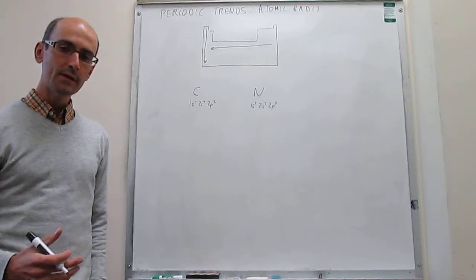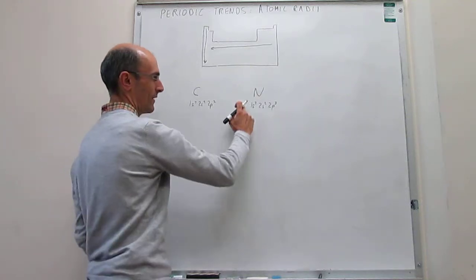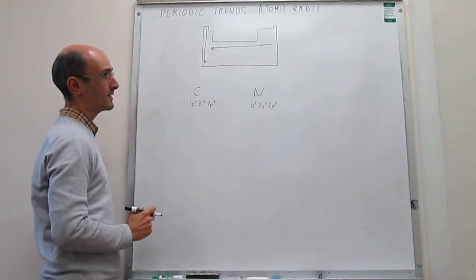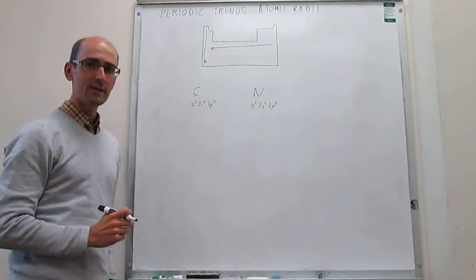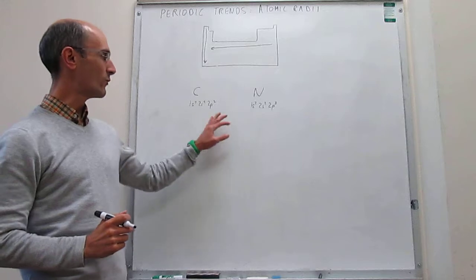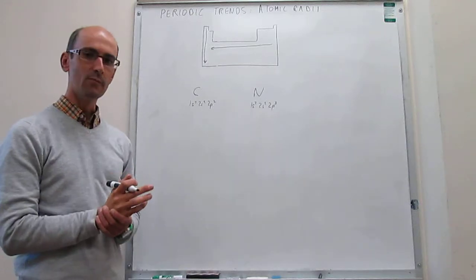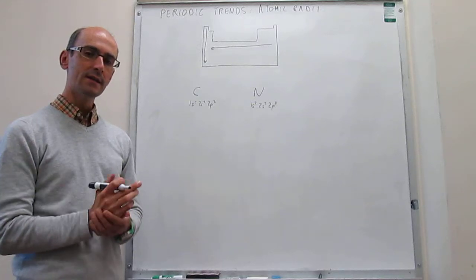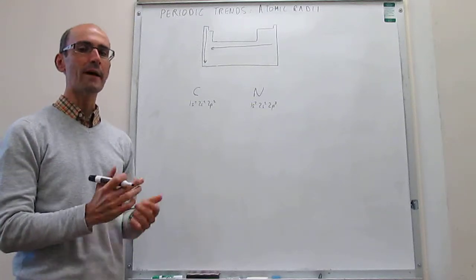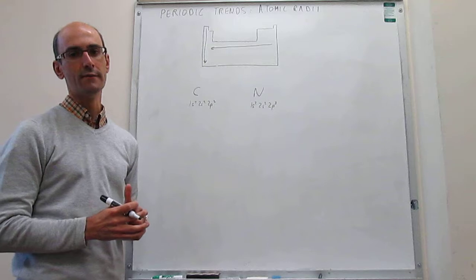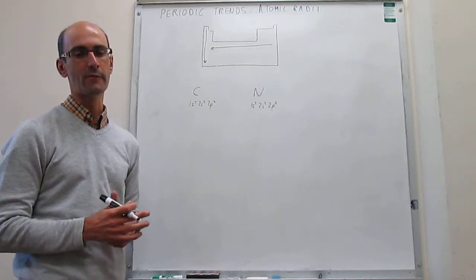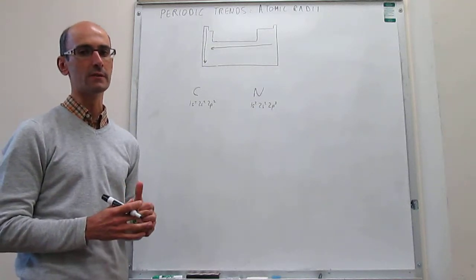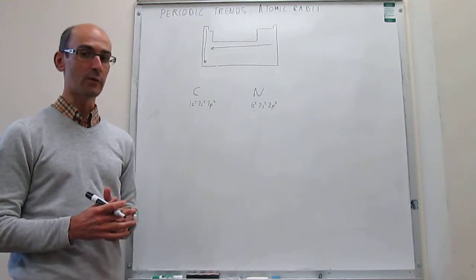And what we know is that the size of an atom of nitrogen is a little bit smaller than the size of an atom of carbon, even though it has more electrons. The reason for this trend has to be sought in a balance between the effective nuclear charge, the number of protons in the nucleus, and the electronic repulsion.